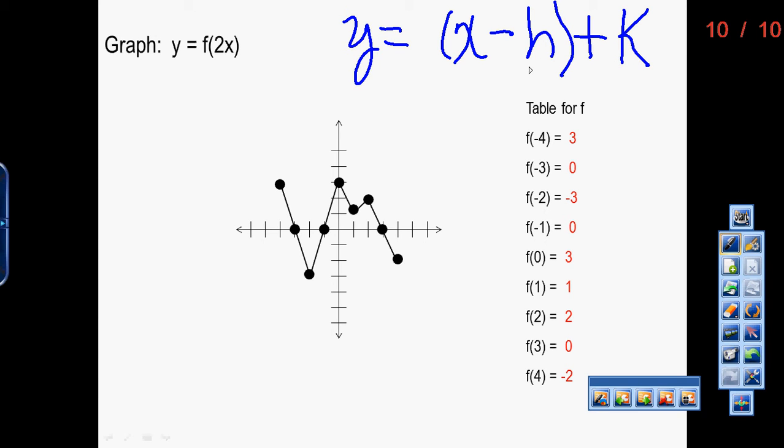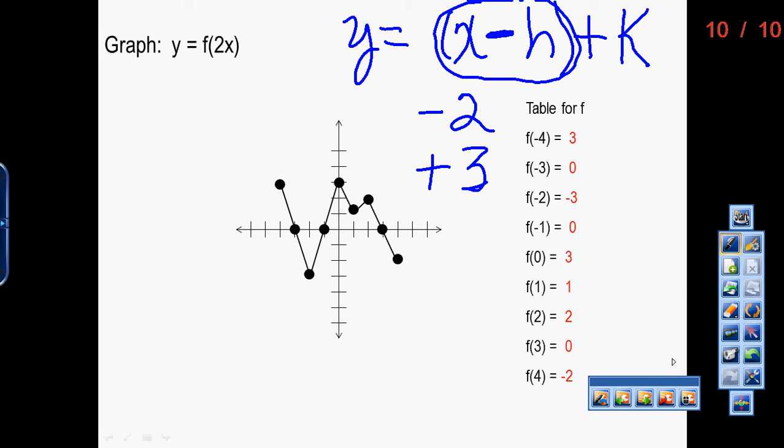So I said that because this is negative, your horizontal effect inside here is always opposite of what you think. When I think that -2 is going to go to the left, what did it do? Correct, it went to the right. When I thought that +3 was going to go to the right, what did it do? It went to the left.